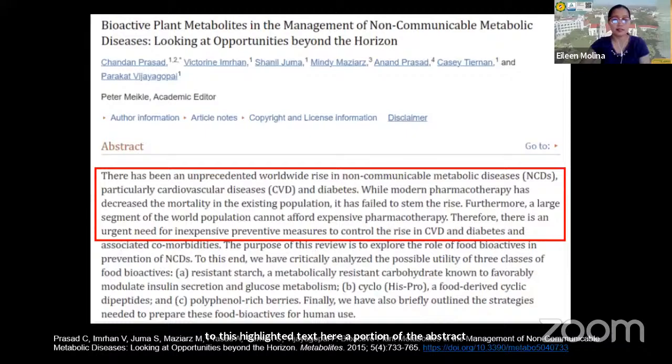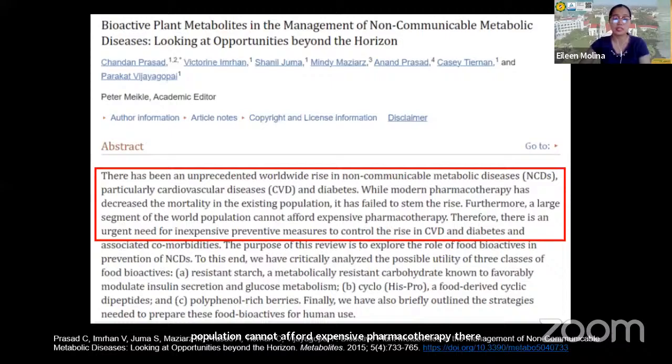It says here that there has been an unprecedented worldwide rise in non-communicable metabolic diseases, particularly cardiovascular diseases and diabetes. While modern pharmacotherapy has decreased the mortality in the existing population, it has failed to stem the rise. Further, a large segment of the world population cannot afford expensive pharmacotherapy.